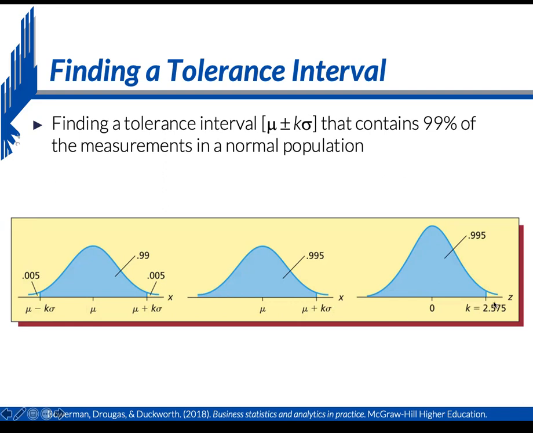So what is the tolerance interval that contains the middle 99%? That's mu plus minus 2.575 times sigma.